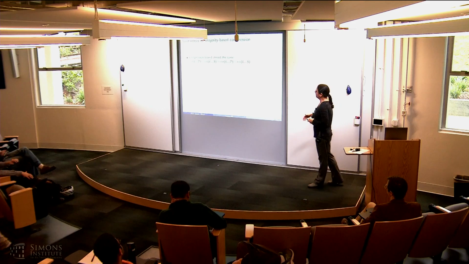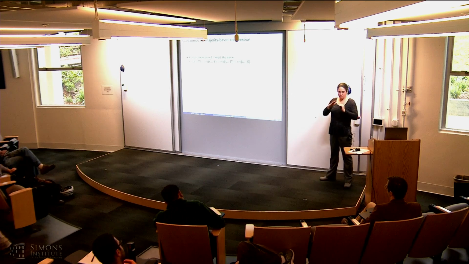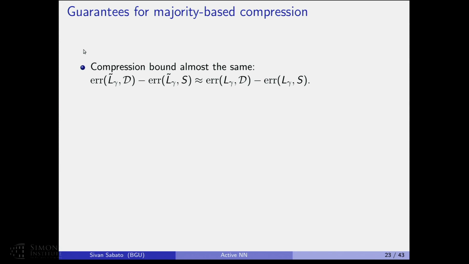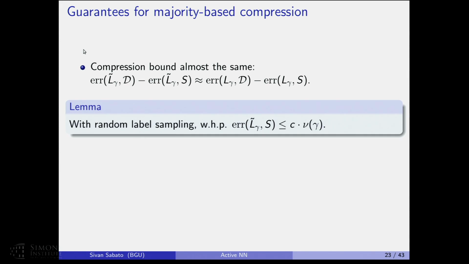Okay, but let's just for a moment stay with the fixed gamma. For a fixed gamma, we have a generalization bound that can be given. And we can show that this gamma net that I've defined gets the error, which is a constant times the nu of gamma, the same nu that we had before in the passive algorithm. So this is a very good approximation.